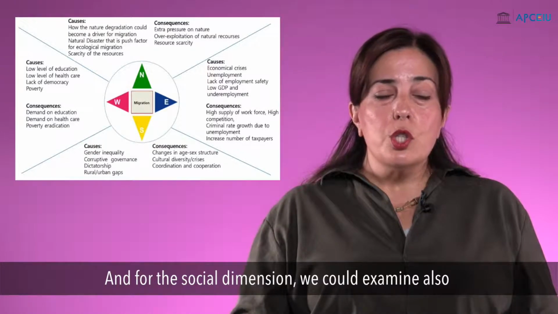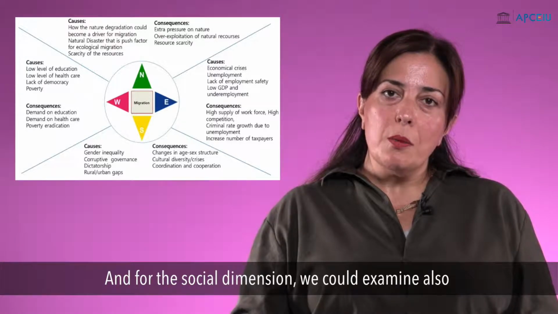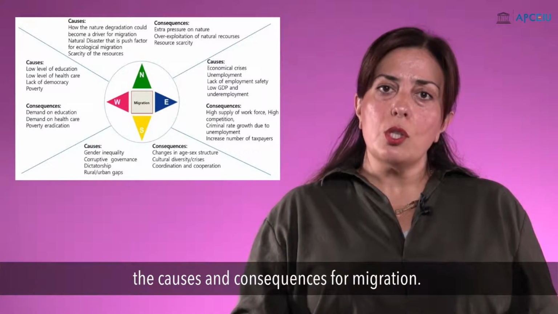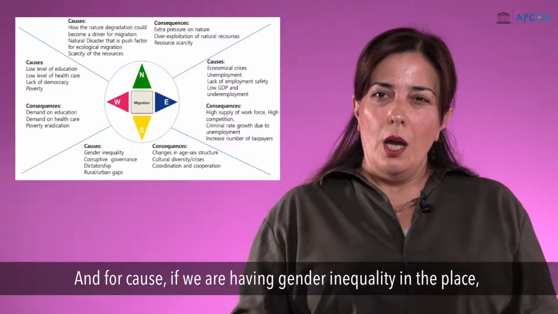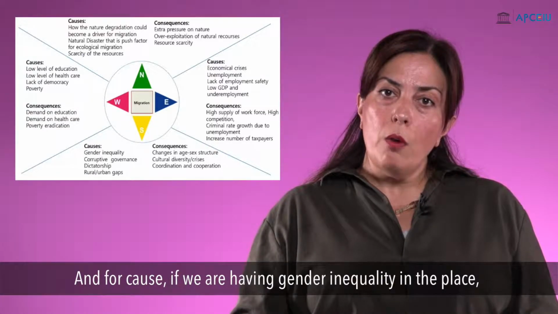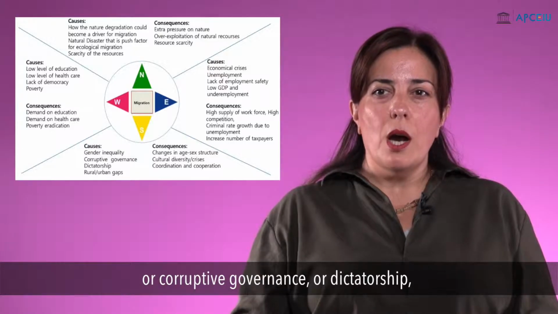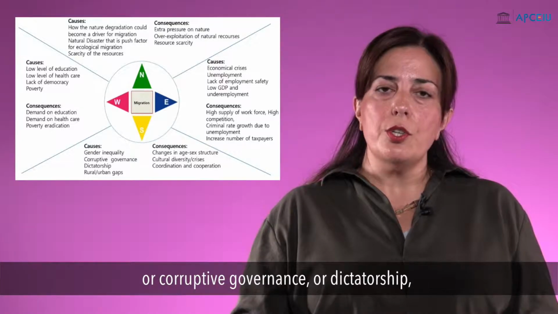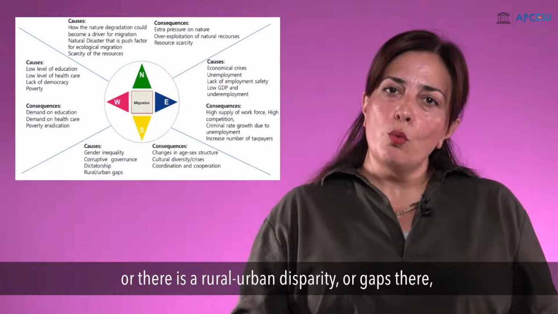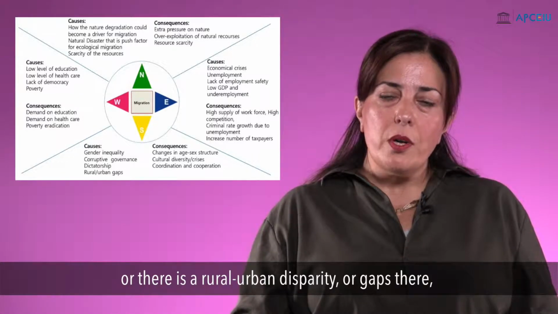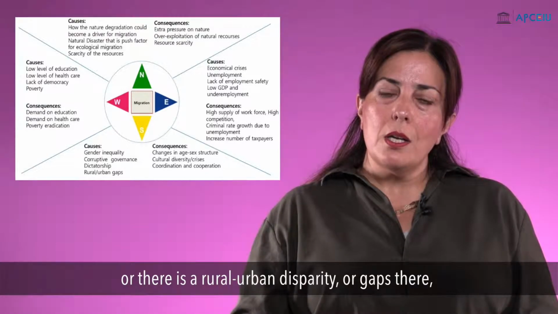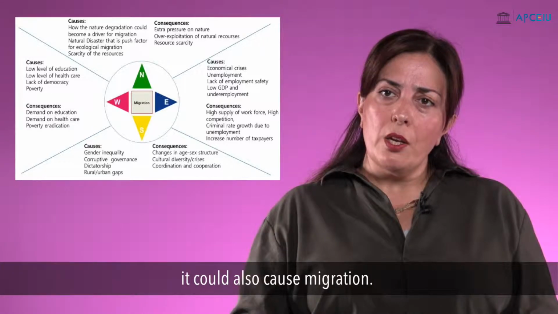And for the social dimension, we could also examine the causes and consequences of migration. For causes, if we are having gender inequality in the place, or corrupt governance, or dictatorship, or there are rural-urban disparities or gaps there, it could also cause migration.